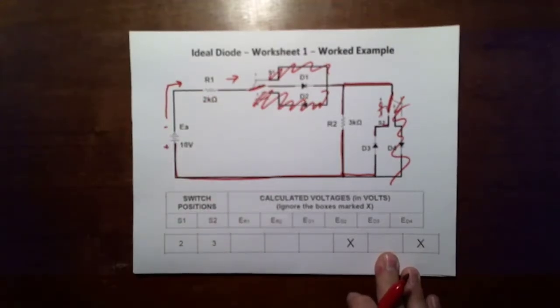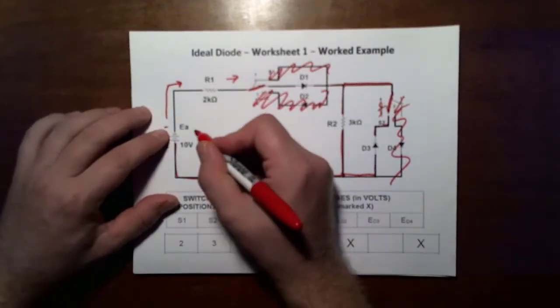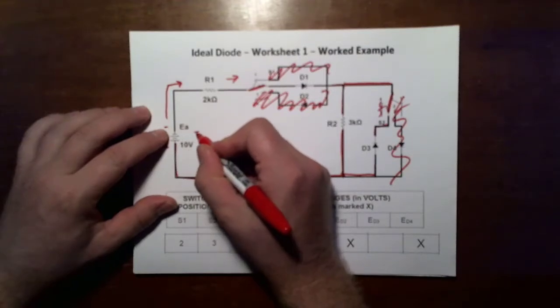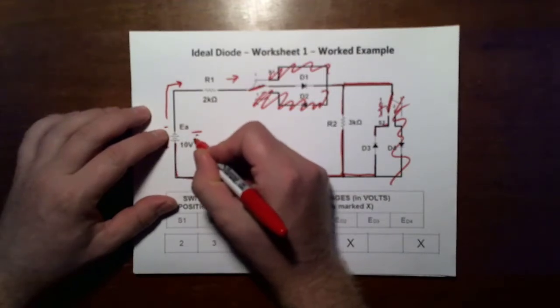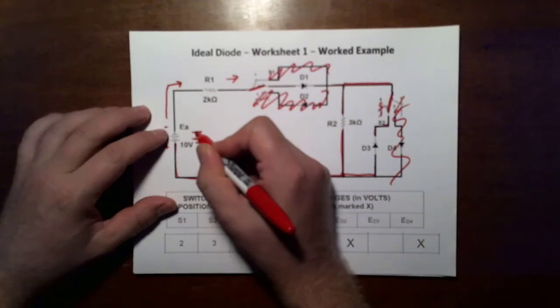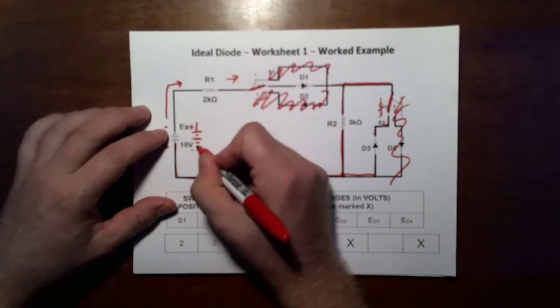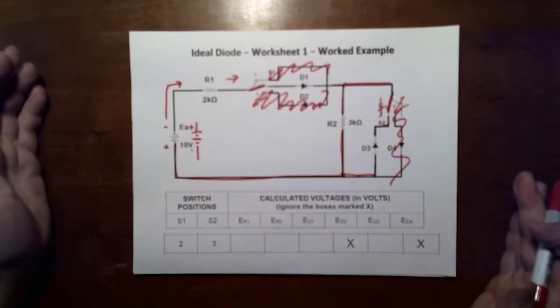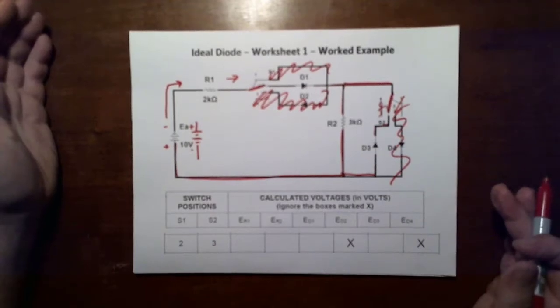So what we want to do is we want to go ahead and change it so that the battery is right side up. And we want to redraw it. This gives us a standard to work on whenever we're creating our circuits.